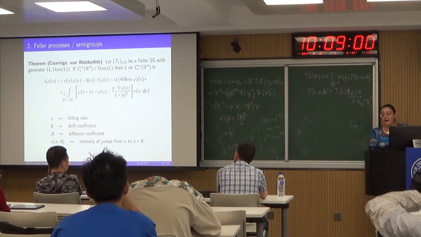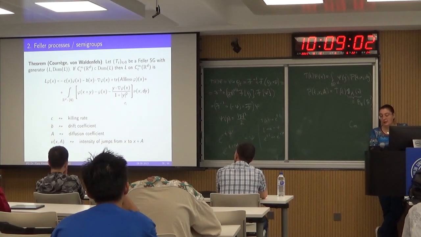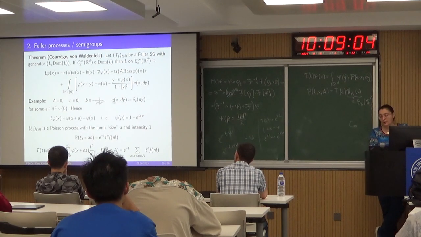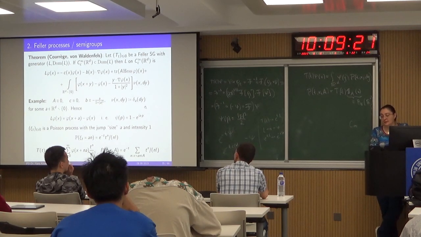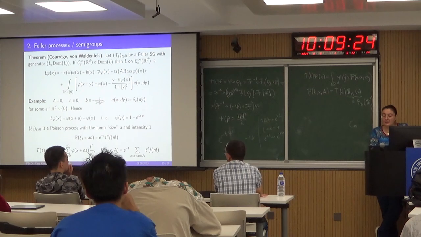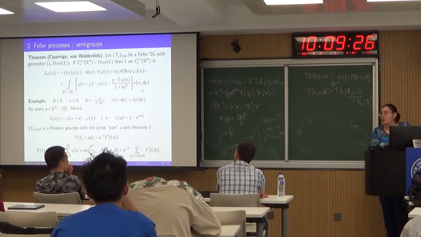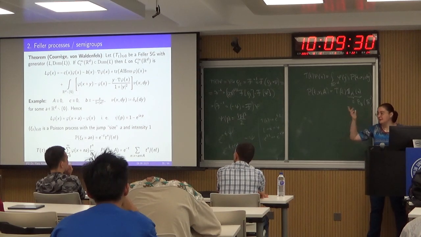And then this factor, we have discussed that if my nu is just a delta measure concentrated on point A, then this factor gives rise to a Poisson process which makes jumps of size A. So if I take nu to be a linear combination of delta measures, it is natural to expect that here we have a kind of mixture of Poisson processes making jumps of different sizes.